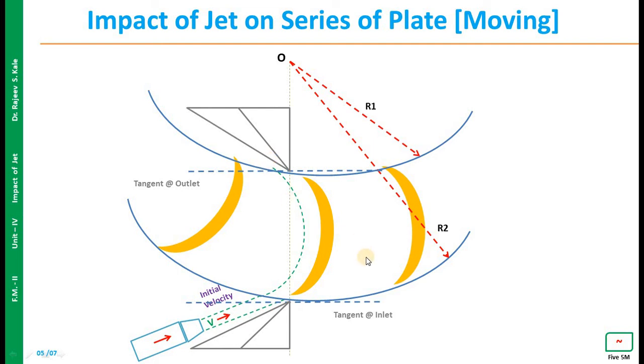So we are moving progressively. Impact of jet on vertical plate, impact of jet on inclined plate, impact of jet on curve plate at center, curve plate at one end tangentially, curve plate at one end tangentially with unsymmetrical curve plate.